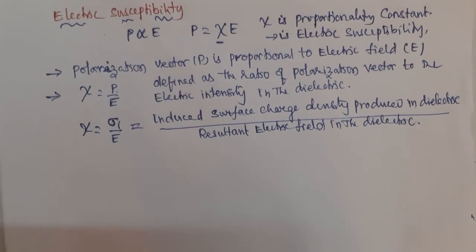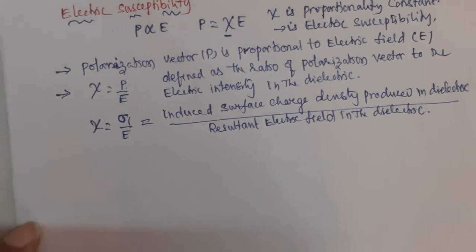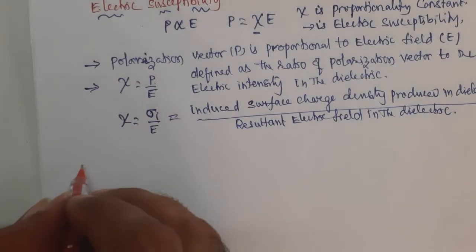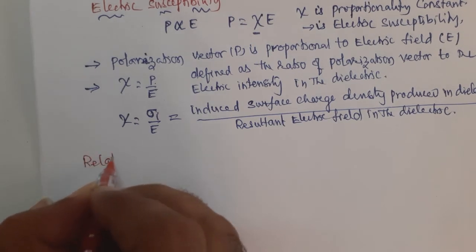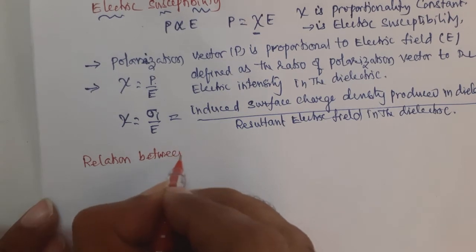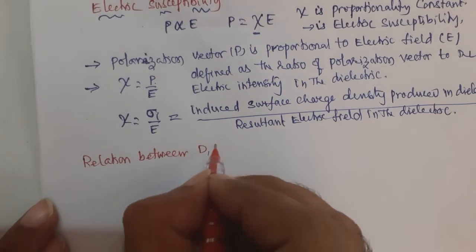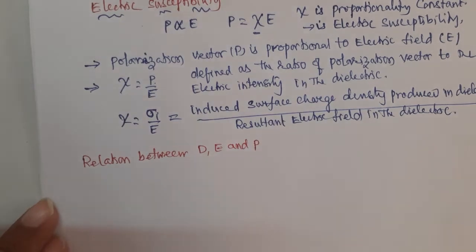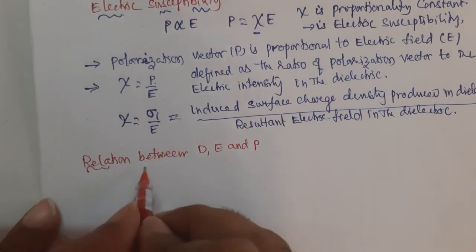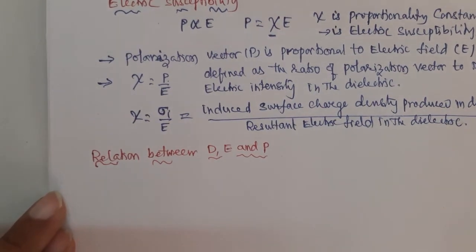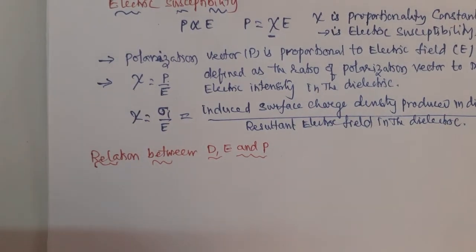What is the relation between D, E and P? Now what is D, what is E and what is P?